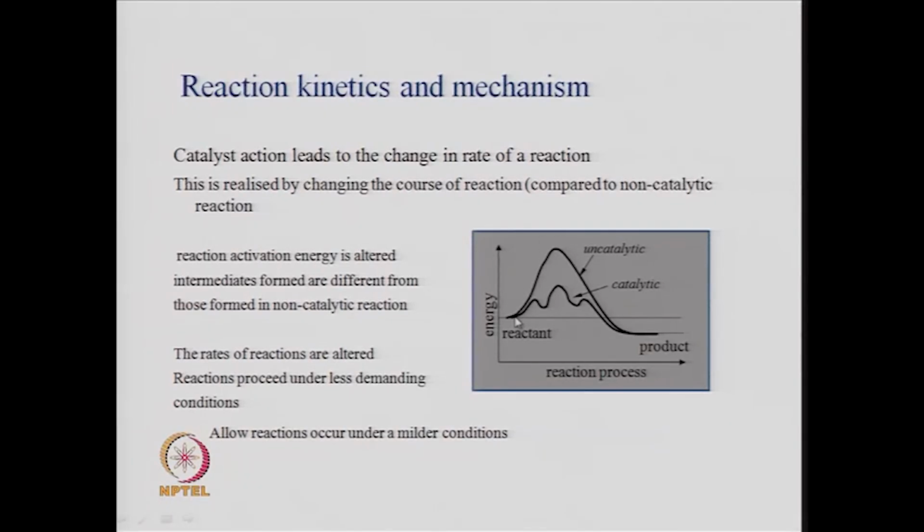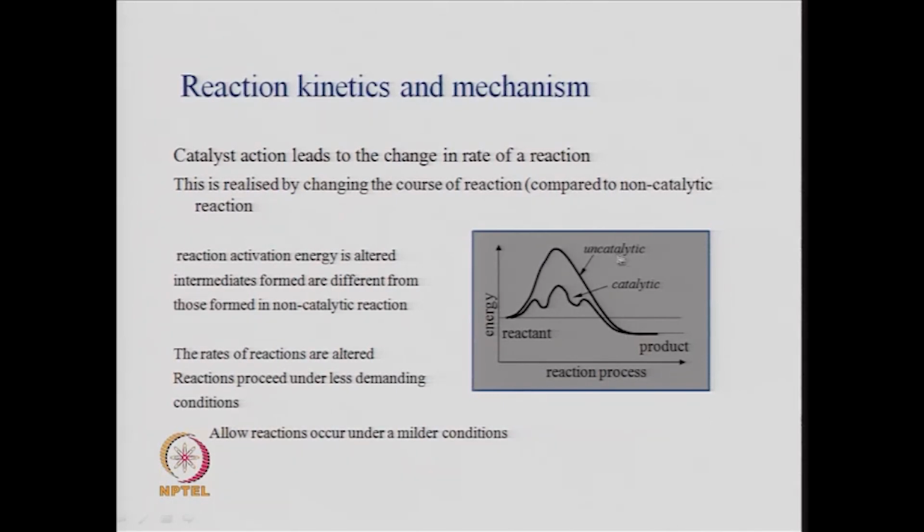So, it has to gain energy equivalent to this difference, and this difference in energy from the reactant to this maximum is called the activation energy or the activation barrier. The reactant has to cross over the activation barrier to form the product.